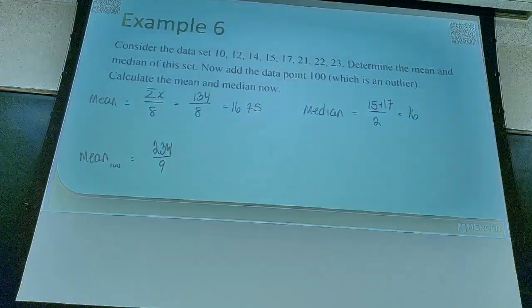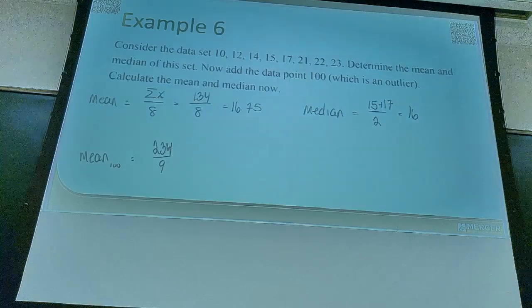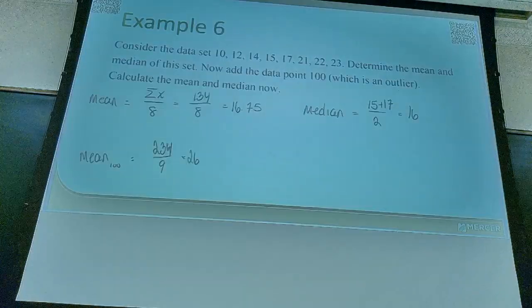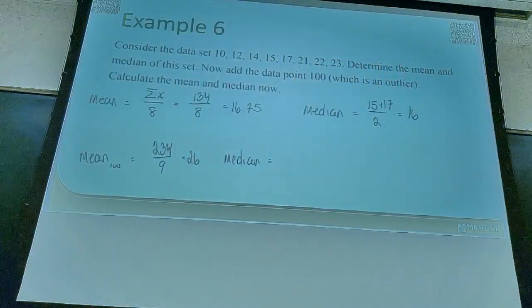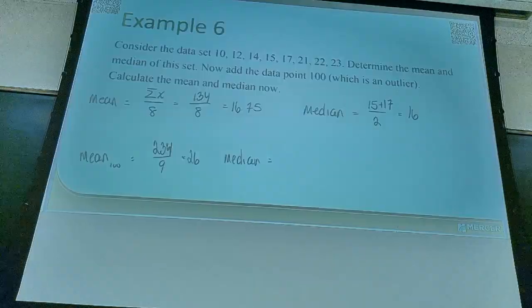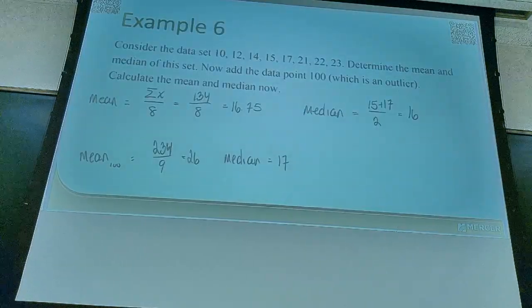You just add 100 to the numerator and add 1 to the denominator, right? 234 over 9. 26. What does the median become now? 17. Again, just to point out the drastic change: the median didn't change that much, but the mean did.